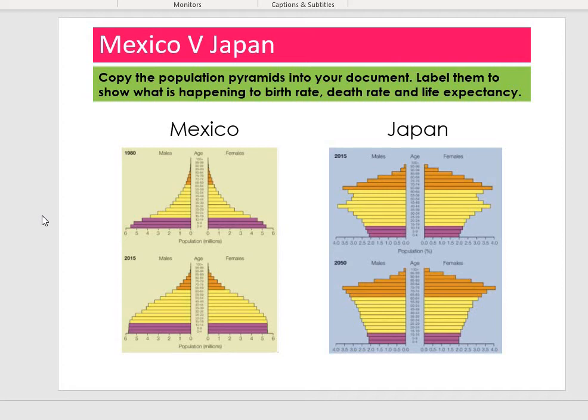Are people living a short time? And how do you know from the changes you can see? So, for example, you might be putting something on Japan like a low birth rate, and you can tell that because the sides are really going in. Whereas on Mexico here, you've got a high birth rate, and you can tell that because the base where the young people are is really wide.